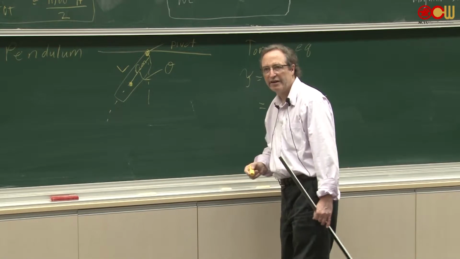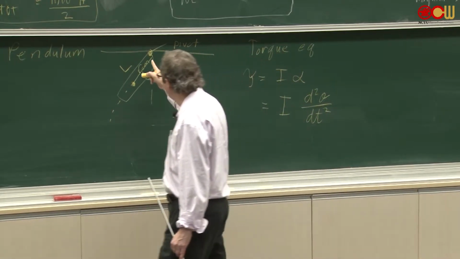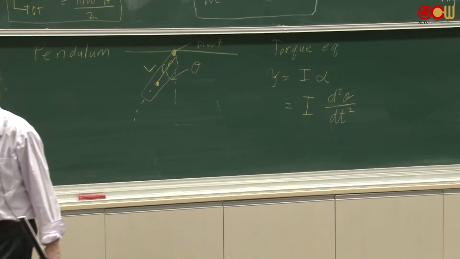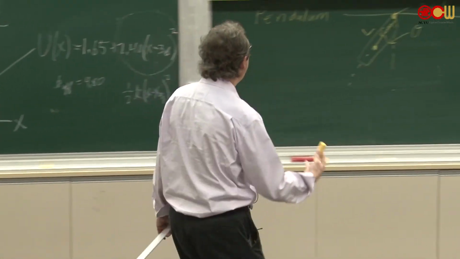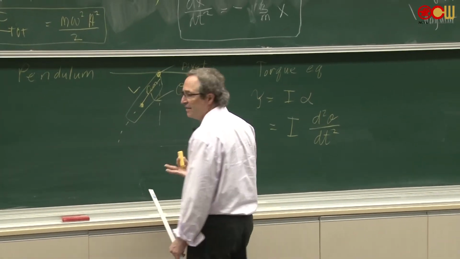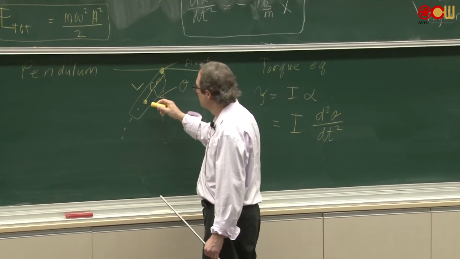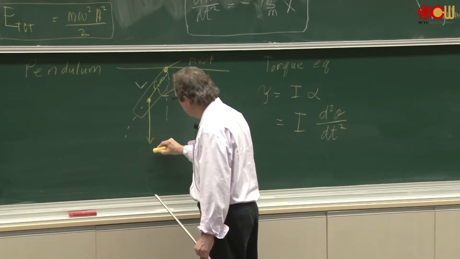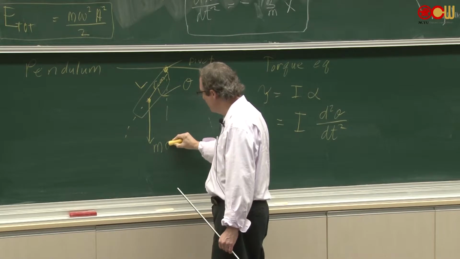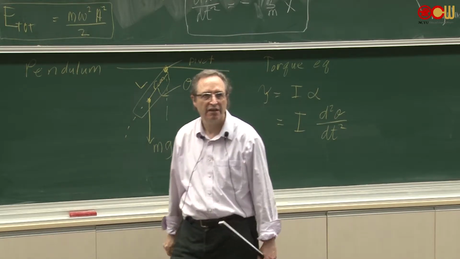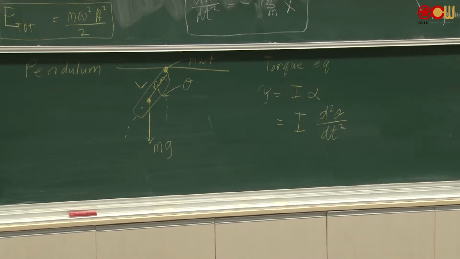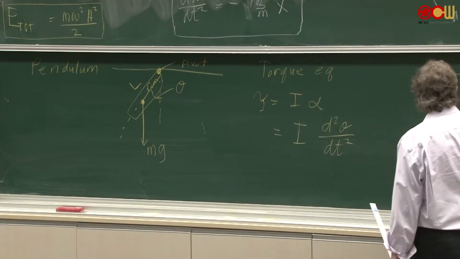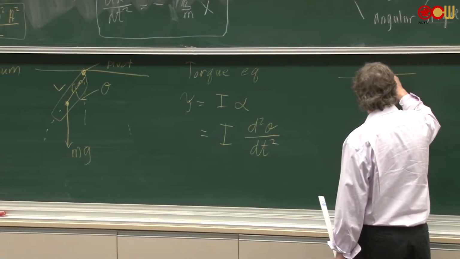What's the torque? So what forces are on that rod? So there's gravity. Where does gravity act? Center of mass. So that's mg. M is the mass of the pendulum. Are there any other forces on that rod? Supposing the rod was just sitting like this.